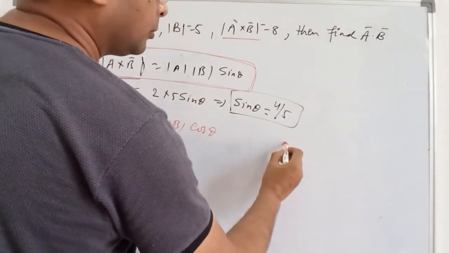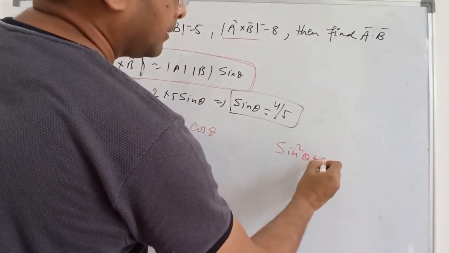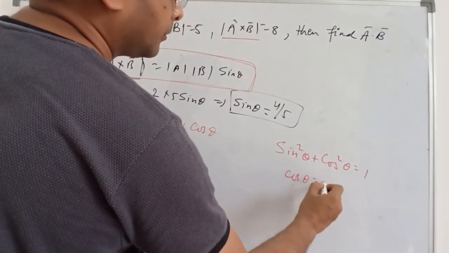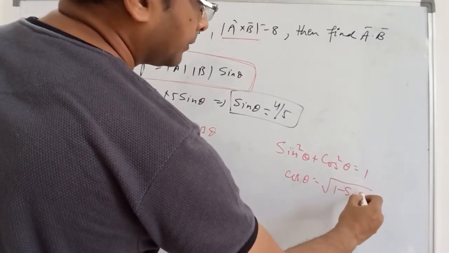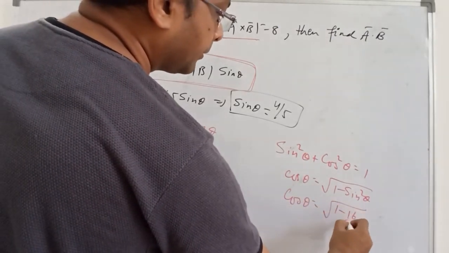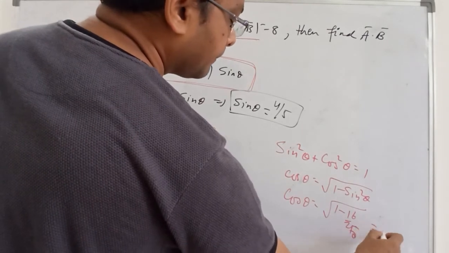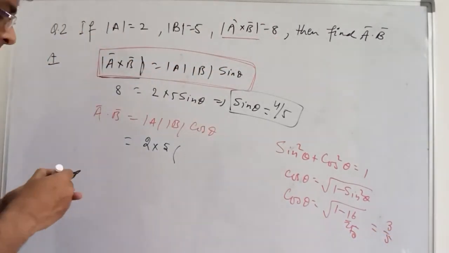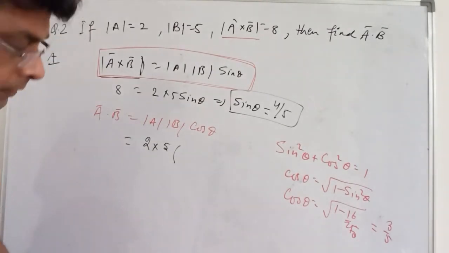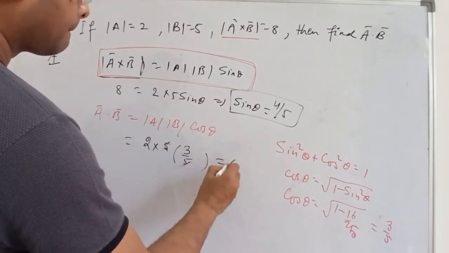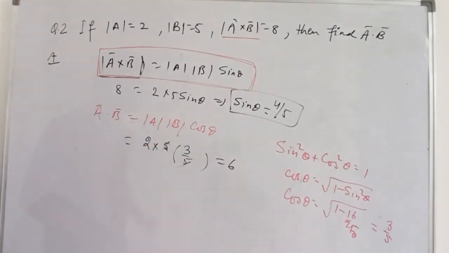We must know that sin square theta plus cos square theta is equal to 1. So cos theta is equal to under root 1 minus sin square theta. This is coming out to be 16 by 25, and this is 3 by 5. So we can write 3 by 5 here. So A dot B is coming out to be 6. Please note it down, it's very, very important.